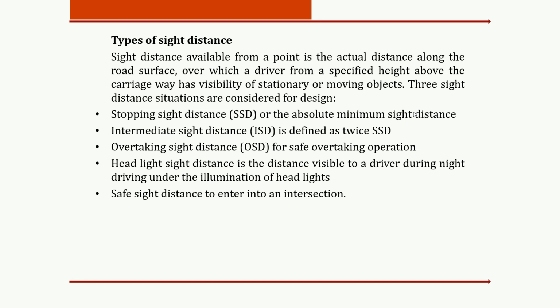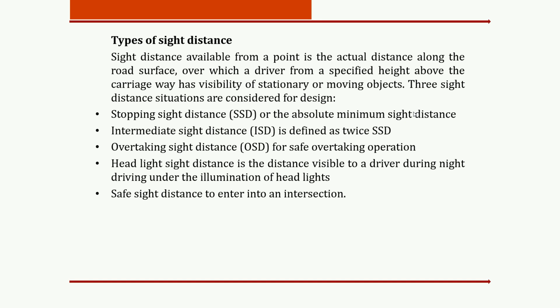So in simple language, I want to tell you what you mean by the sight distance. The sight distance is a particular type of distance through which one driver can see the next driver, and there should not be any collision or contact between two vehicles. So there are various types of sight distance. What are these? First is stopping sight distance, also called the absolute minimum sight distance, in short form SSD.